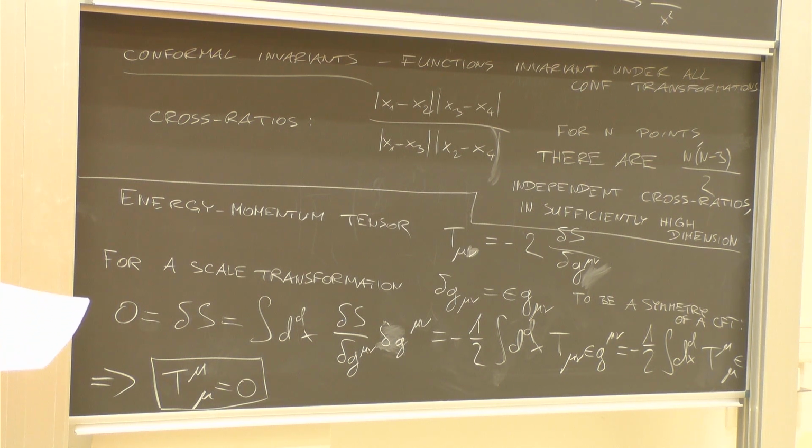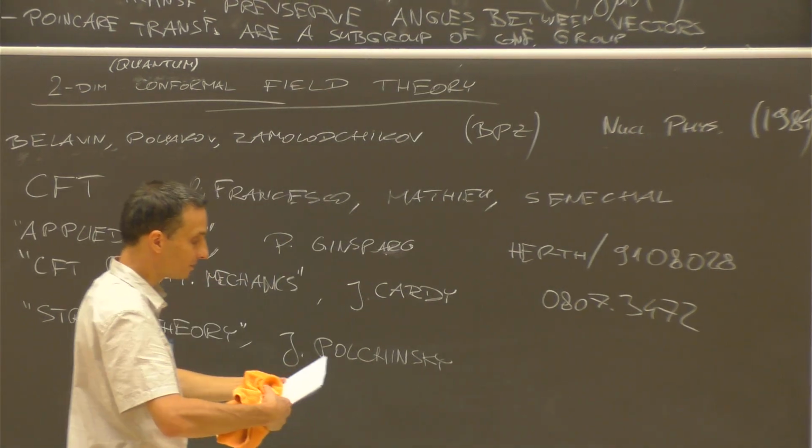I will not write some Lagrangian or action or any other object which defines a given theory. I will be just trying to deduce what should be the properties of theories which have conformal invariance in general. And I think in the last lecture I will give some examples of particular theories with such an invariance, but as long as possible I will try not to consider any particular theory.